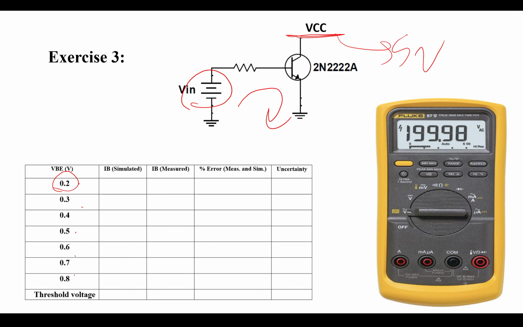You can also use the signal generator. Doesn't matter at this level of voltage, both work. And then you have to measure the current of the base here. So your ammeter is in series with that resistor. Are we good? You are measuring the current injected into the base.